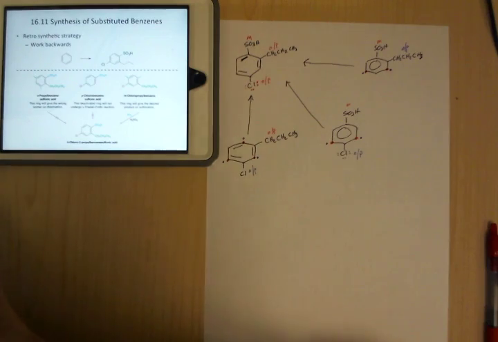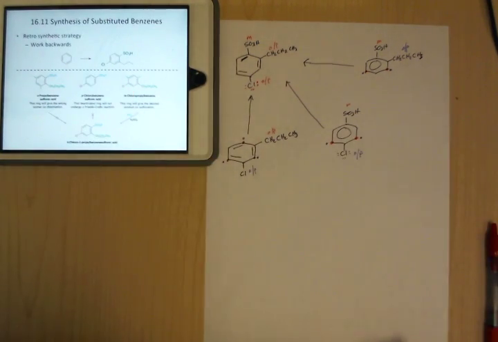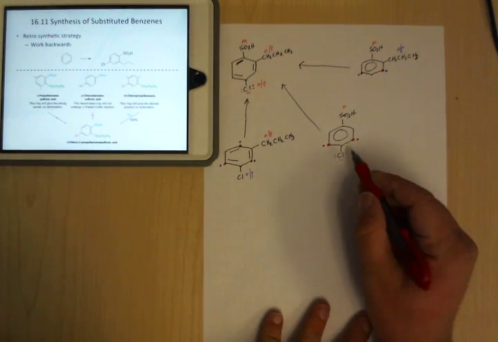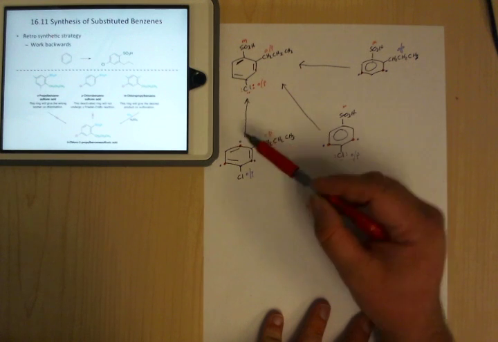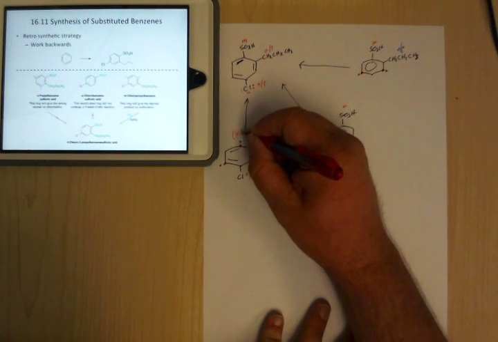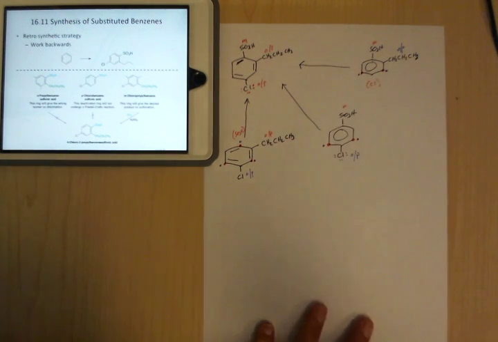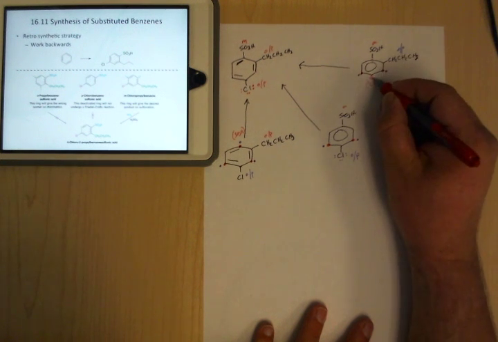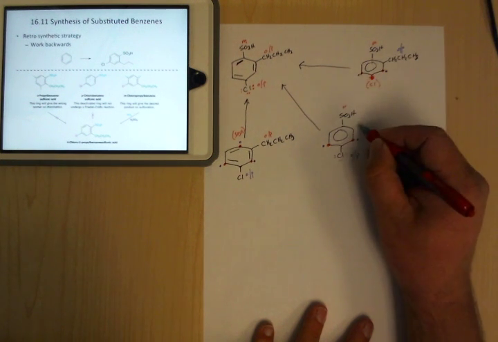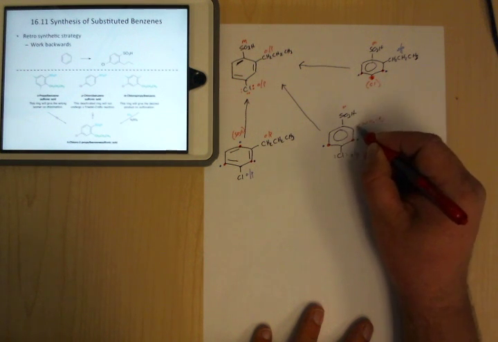We can put the things where? If it's ortho-para, we can separate those out. That's not a problem. But notice with this one, we want to have the SO3H go here, and eventually we want the chlorine to go there. Let's not complicate that. And then we also want the CH2, CH3 group to go there.